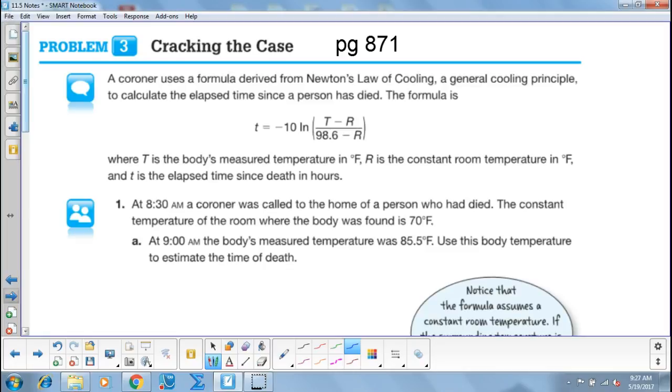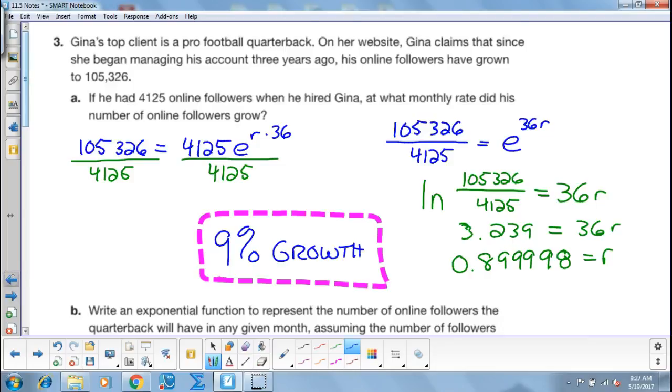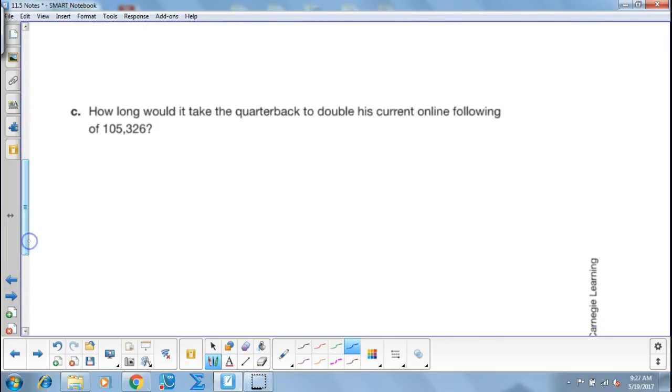Alright. I know, there's a whole other page of questions too. Was it on there? Oh, C was on there. How long would it take to double? Okay. So how long would it take to double his current following, right?